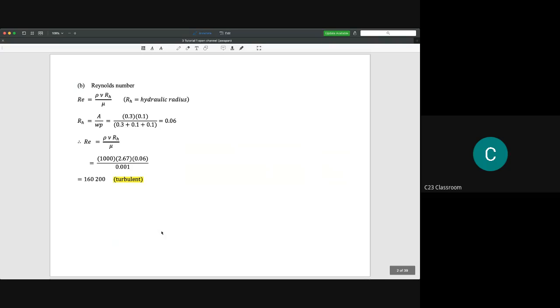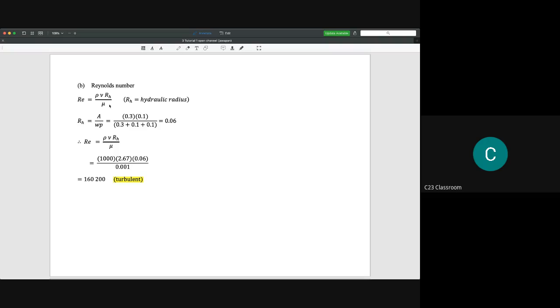And for the Reynolds number, this is the equation. As you know, in Fluid Mechanics 1 and Fluid Mechanics 2, we also calculated using the Reynolds number, but the equation is slightly different. Sometimes we use rho V d over mu, and when we learn about boundary layer, we use rho V l over mu.